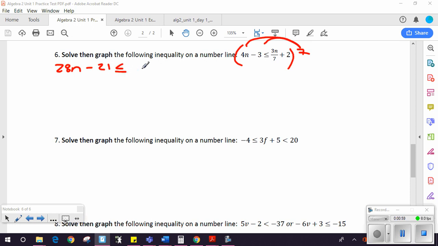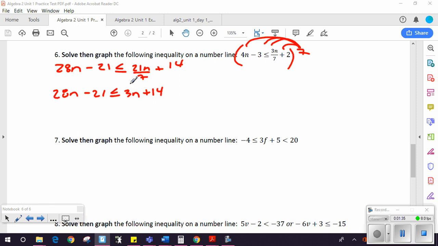Bring down your less than or equal to. 7 times 3n is 21n, but it's over 7. And then plus 2 times 7, which is 14. Reduce 21n over 7, you're going to get 28n minus 21 less than or equal to 3n plus 14, because 21 divided by 7 is 3.